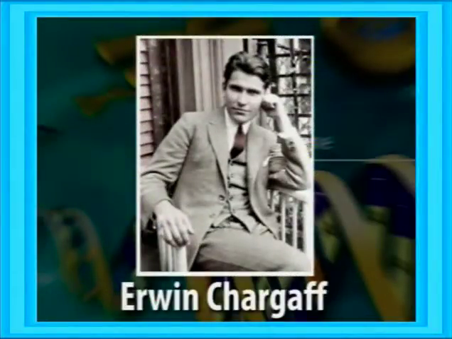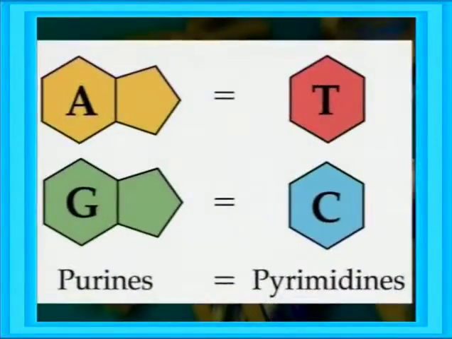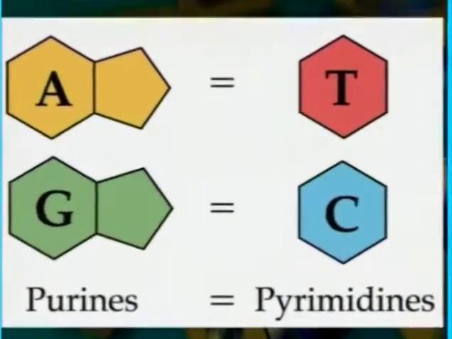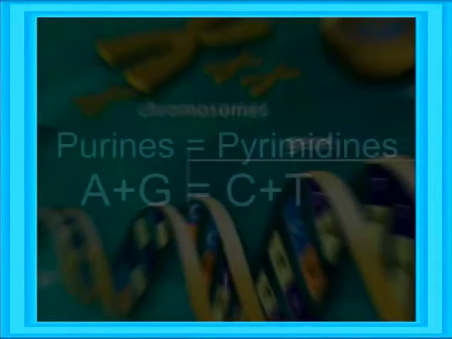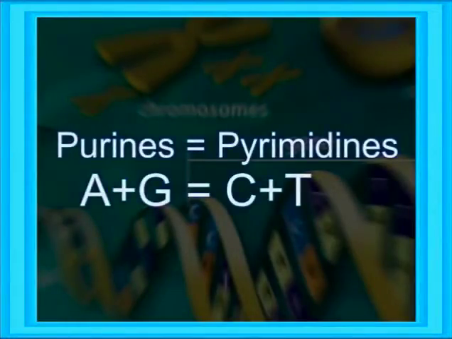However, chemical analysis of DNA of different species by Erwin Chargaff during the 1940s clearly demonstrated that in all DNAs, regardless of the species, the number of adenine residues is equal to the number of thymine residues, and the number of guanine residues is equal to the number of cytosine residues. From these relationships, it follows that the sum of purine residues equals the sum of pyrimidine residues.